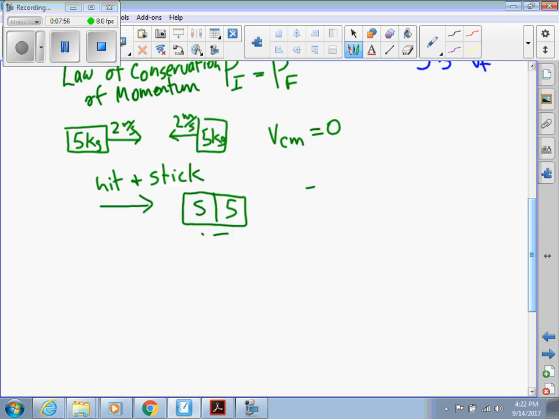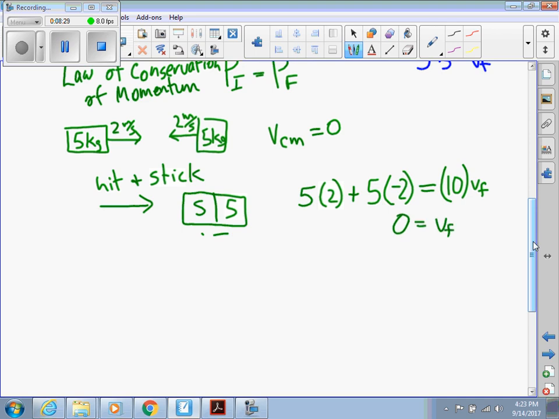And so if we do that, if we have the mass of the first object times the velocity of the first object before, plus the mass of the second object times the velocity of the second object, and after they hit and they stick together, their combined mass is a mass of 10, we could find their final velocity. And if we do that, we could see that the final velocity of the system is 0.